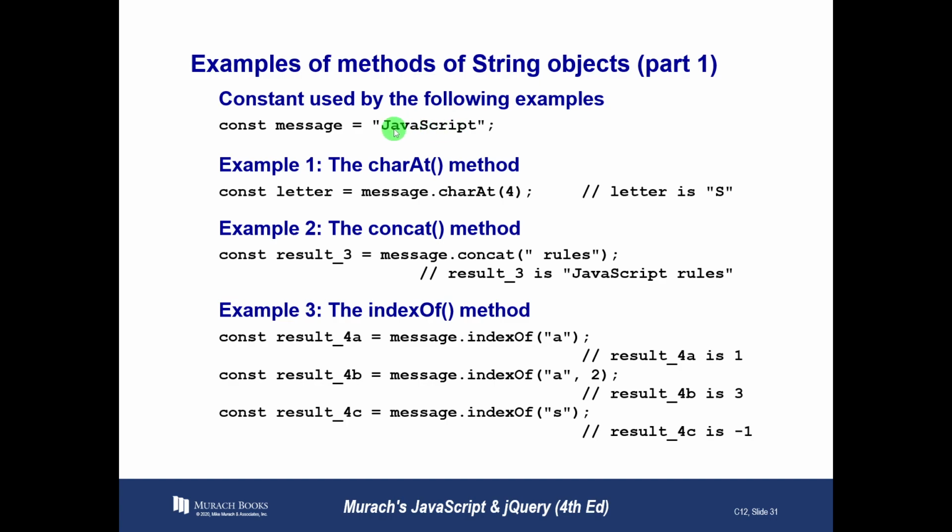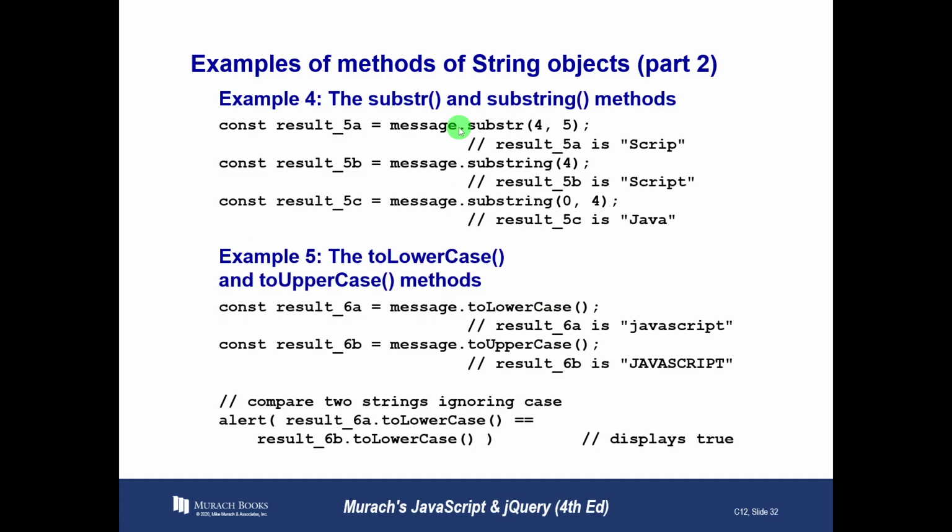If we look here, 0, 1, 2, 3, 4 is the S, and it said pull out 5 characters. So there's 1, 2, 3, 4, 5. So it's going to pull out the SCRIP. And you can see that's what the result is here, script. Without the T, script.